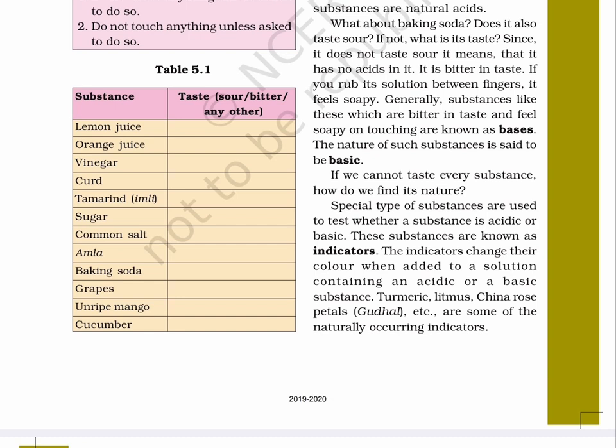Name of the substance: lemon juice, orange juice, vinegar, curd, tamarind or imli, sugar, common salt, amla, baking soda, grapes, unripe mango, cucumber.